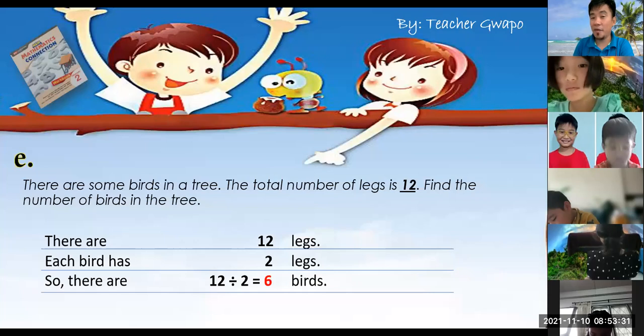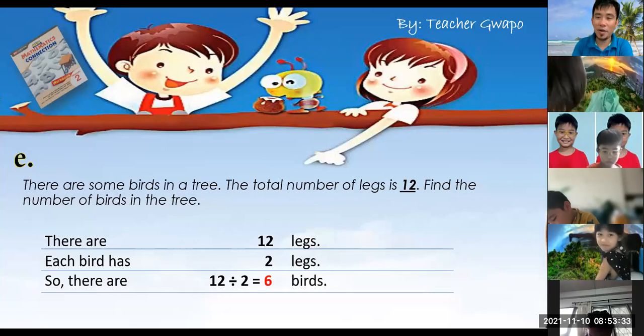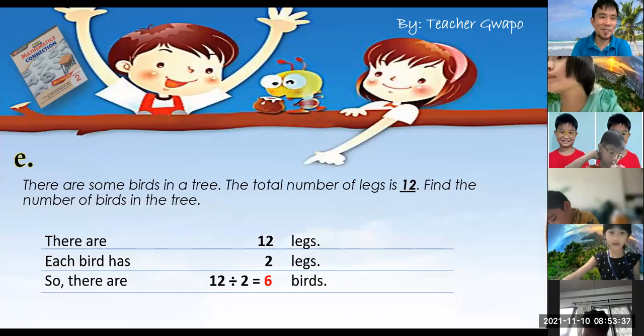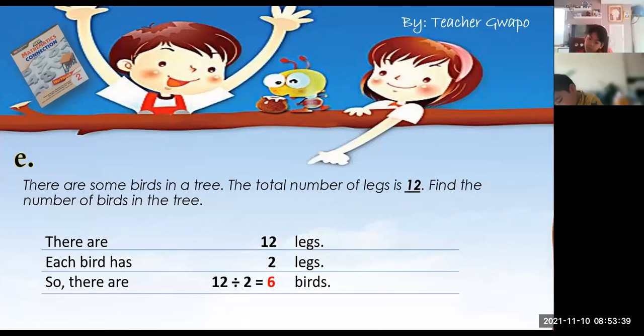If we say elephant, we divide by 4 because the elephant has 4 legs, right? So the answer here in letter E is there are 6 birds in the tree.